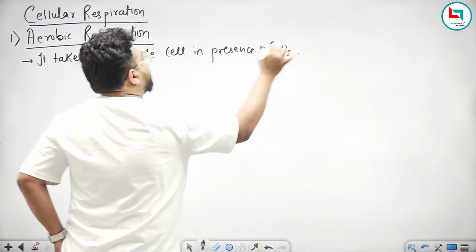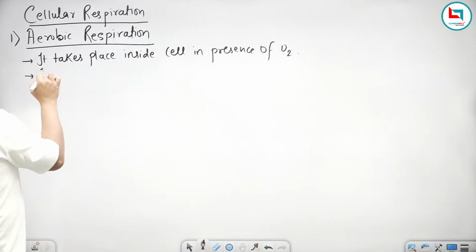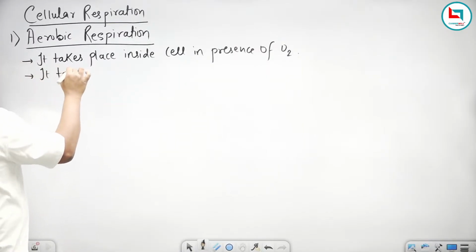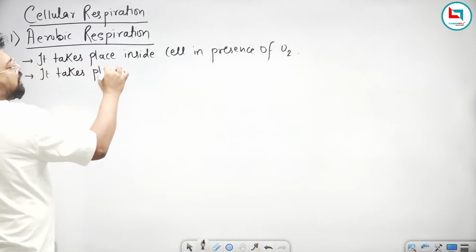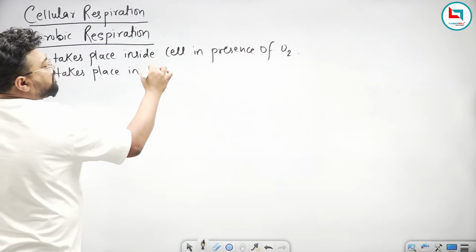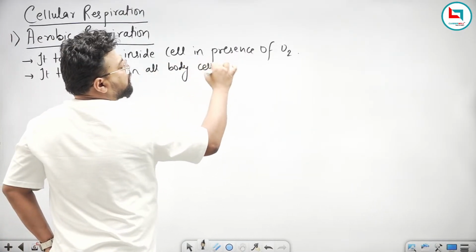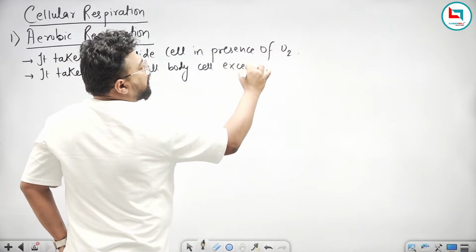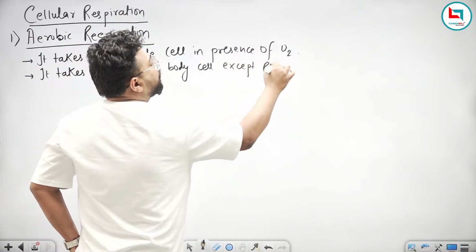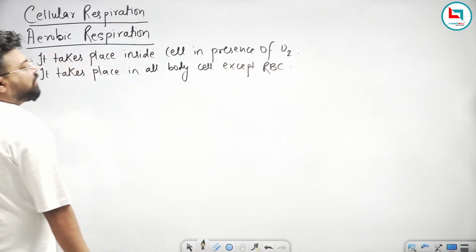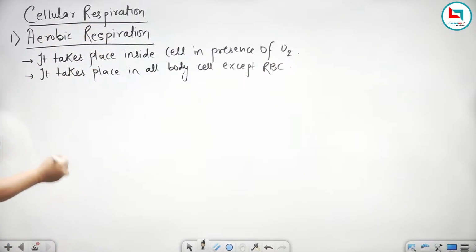Second thing, it takes place in all body cells except RBC, because RBC do not contain mitochondria to carry out this whole process.